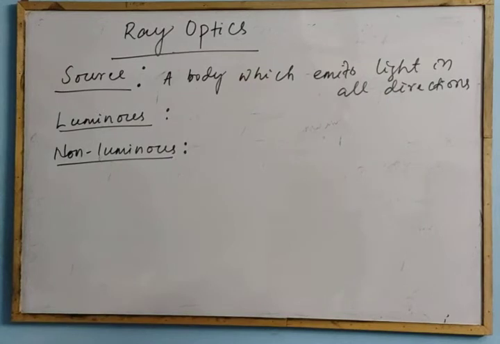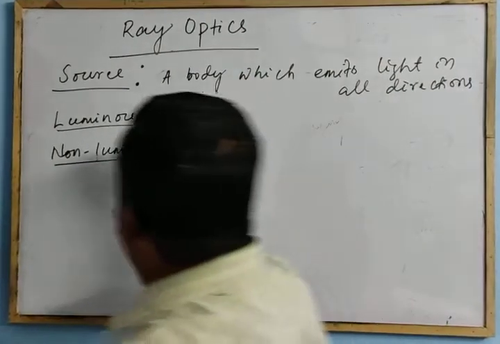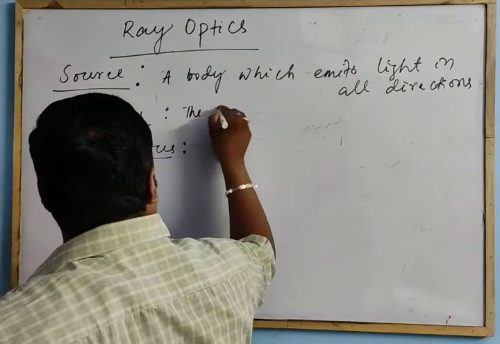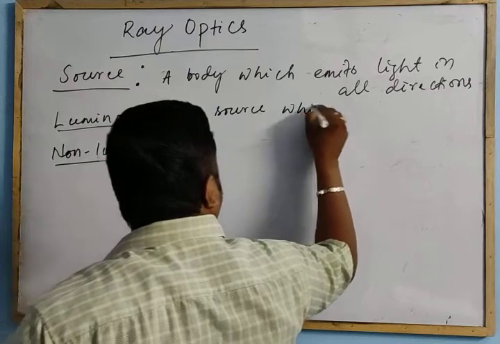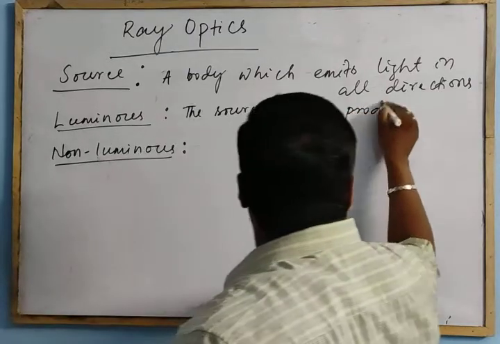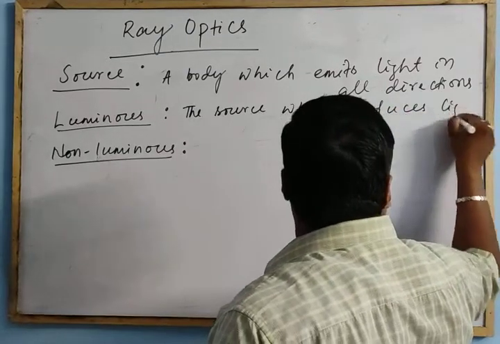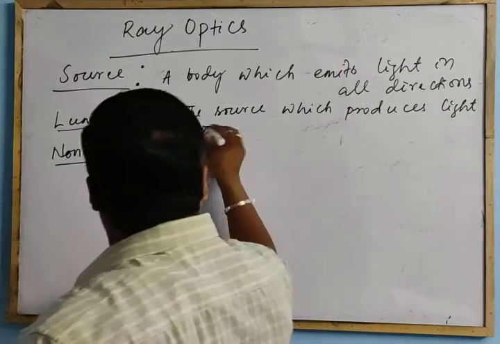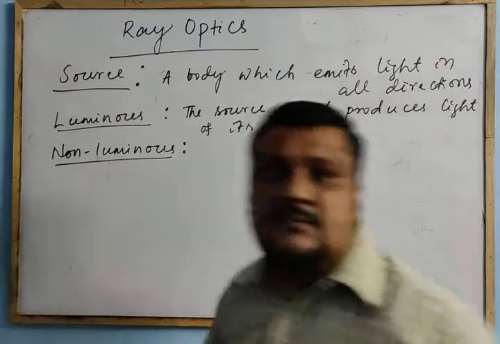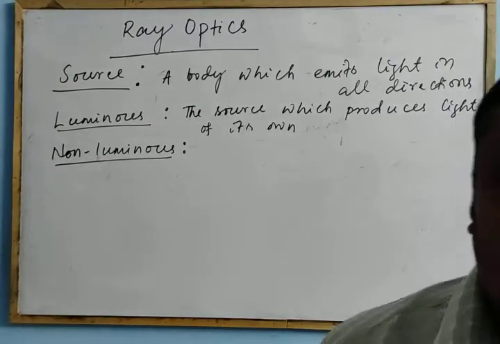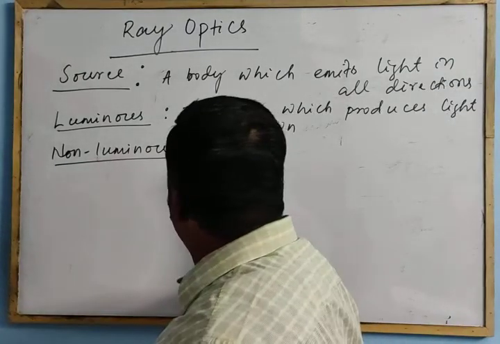So the source which produces light of its own is luminous.